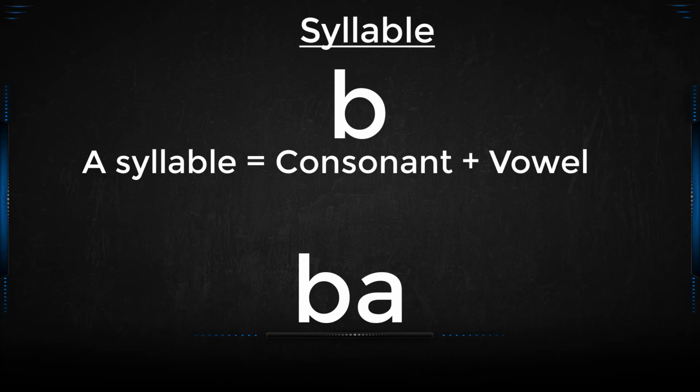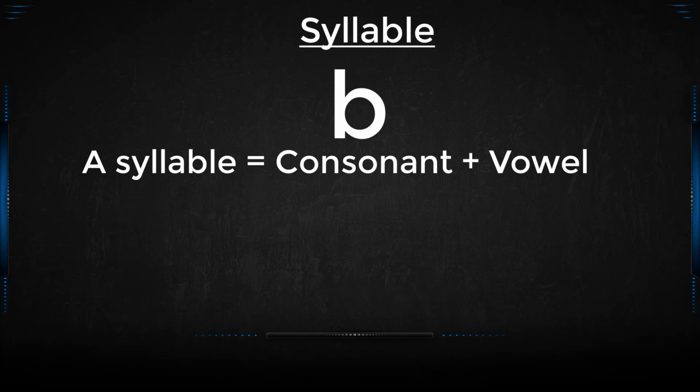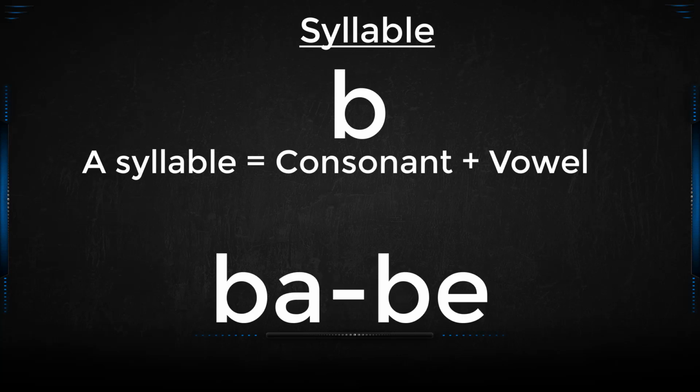Then if you take letter B and add an E, E in Swahili we pronounce as A, so we form a sound that is called Be. This is Be, not B. So what we have here is Ba, Be.